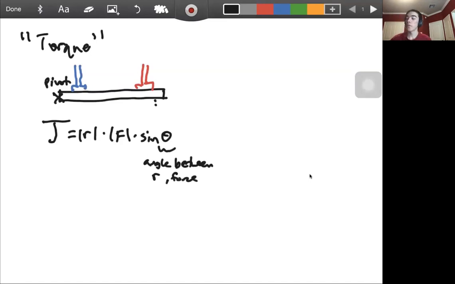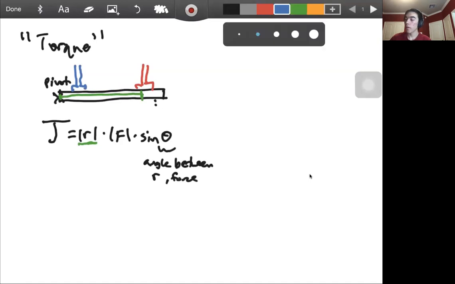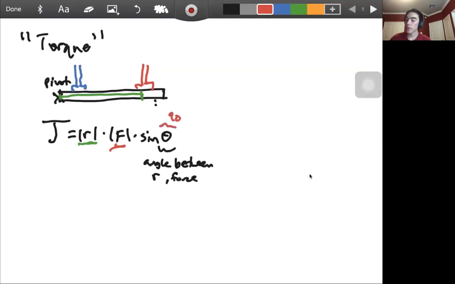In this door example, your radius will be this green length from the pivot to the hand force. The F will just be how hard you're pushing on it with the hand. And theta will be 90 degrees for this example because you're pushing perpendicular to the radius.